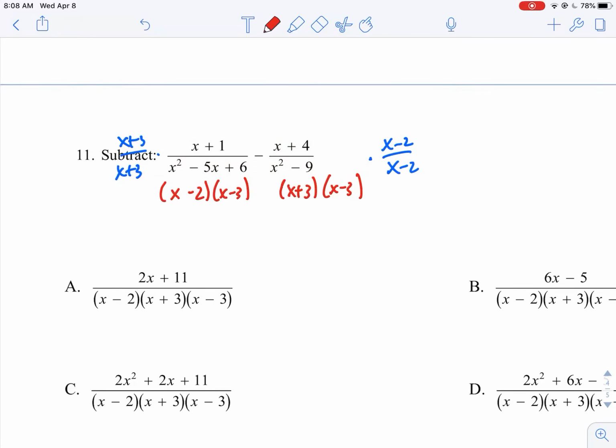So I'm going to FOIL the tops. I'm going to take this expression times this expression. So I've got an x squared, let's see, plus a 4x plus a 3. On the right-hand side, I will have to FOIL this expression with this. So I've got an x squared plus a 2x minus an 8.